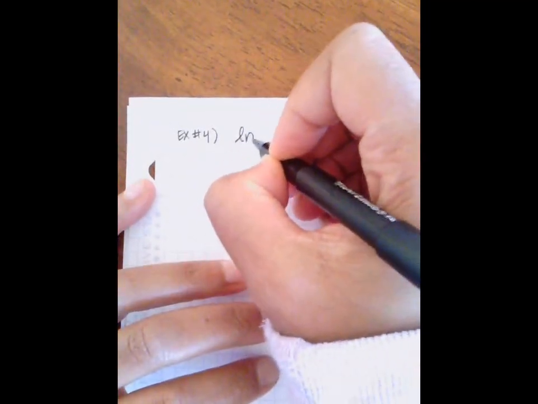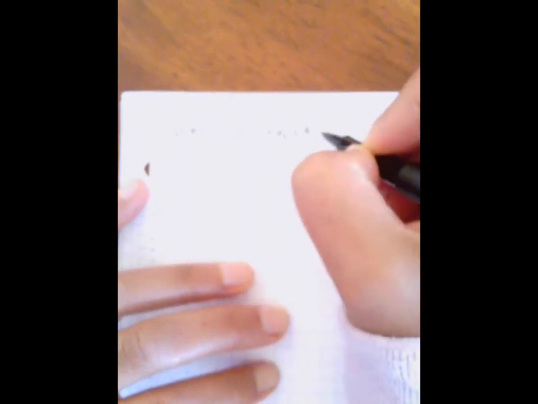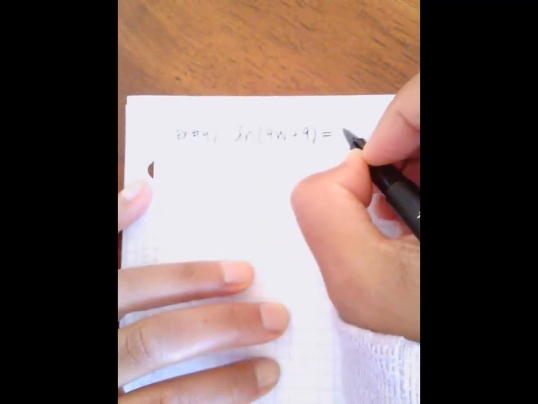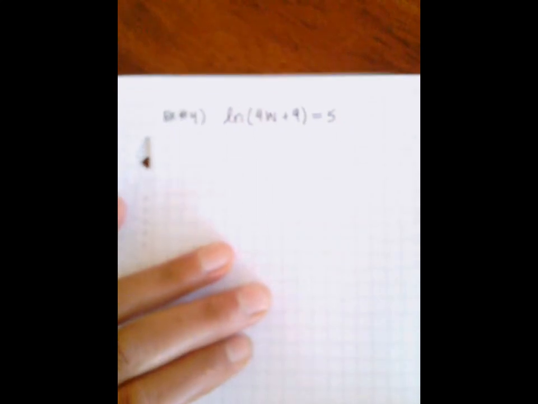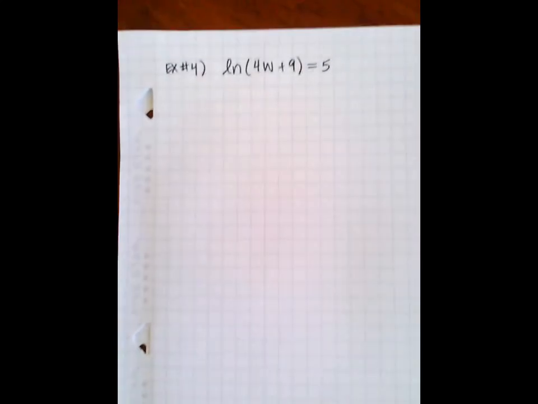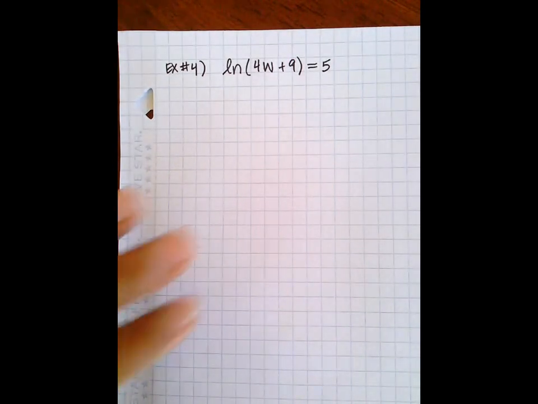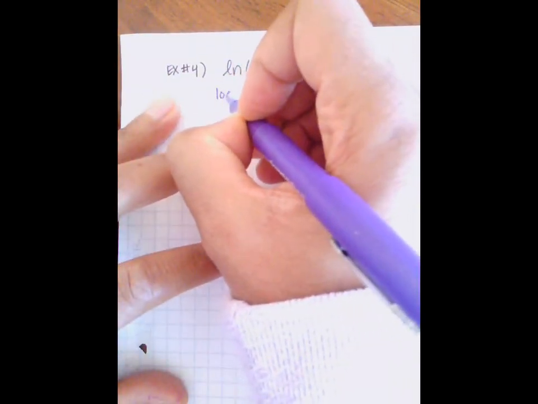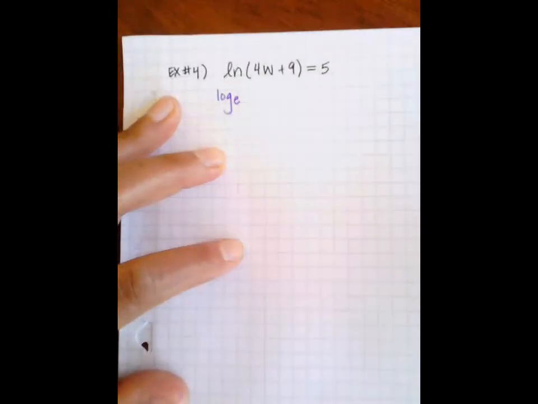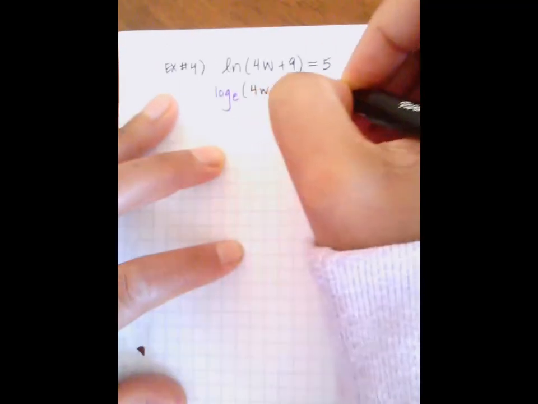So if I have the ln of 4w plus 9, when does that equal 5? This is a situation where it is not a log equaling a log, but a logarithm equal to a number. So it's important to recognize that this is really the same thing as the log base e of 4w plus 9 equaling 5.